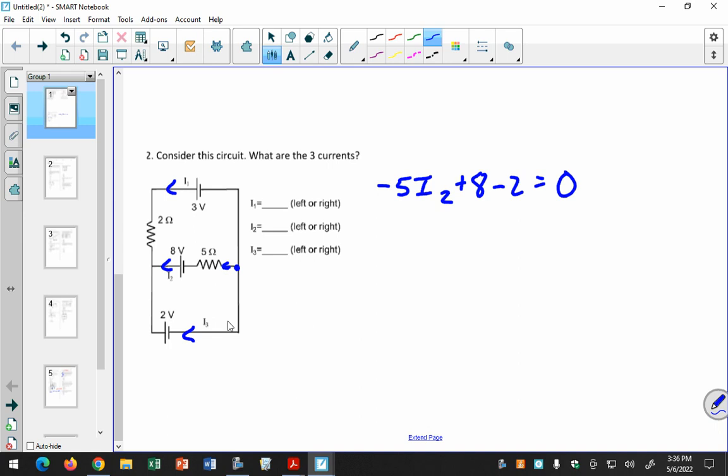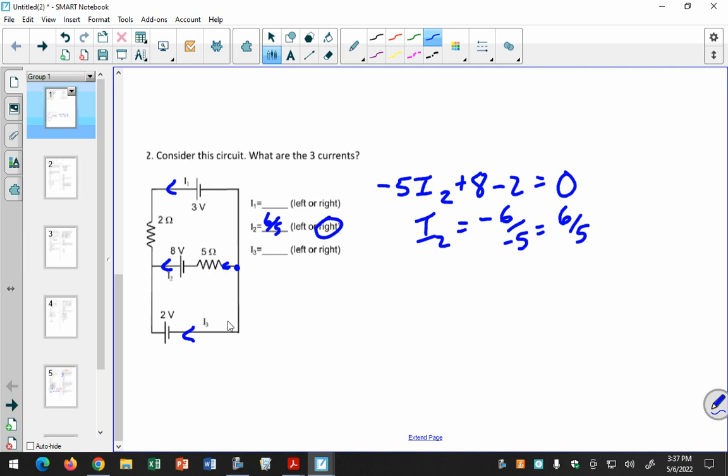That's equal to 0. Notice that when I chose this side, it's really easy to solve. I get I2 is equal to negative 6 divided by negative 5. That's 6/5, or 1.2. I had chosen I2 to the left, but it came out negative, so I2 is to the right.